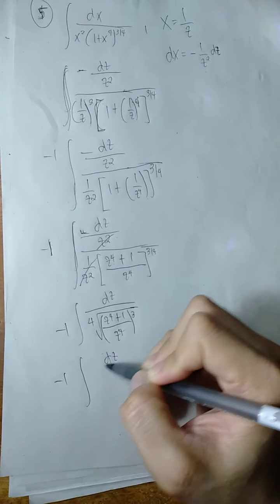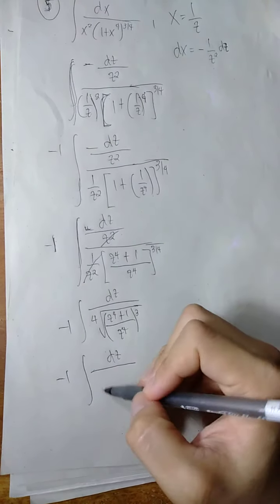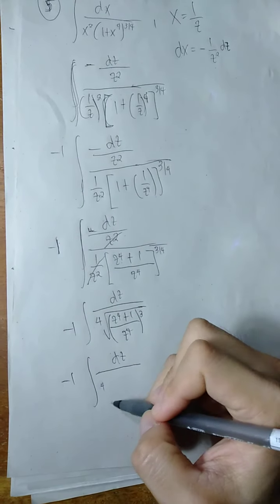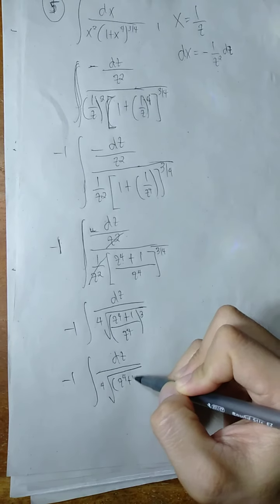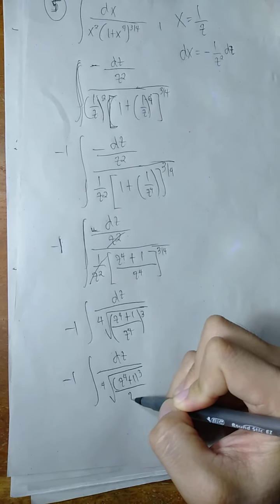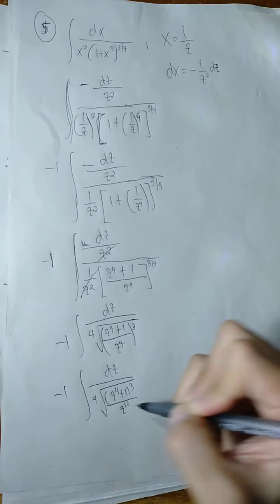Over, if you raise this to 3, the 4th root of z to the 4th plus 1 cubed over z to the 3 times 4, that's 12.